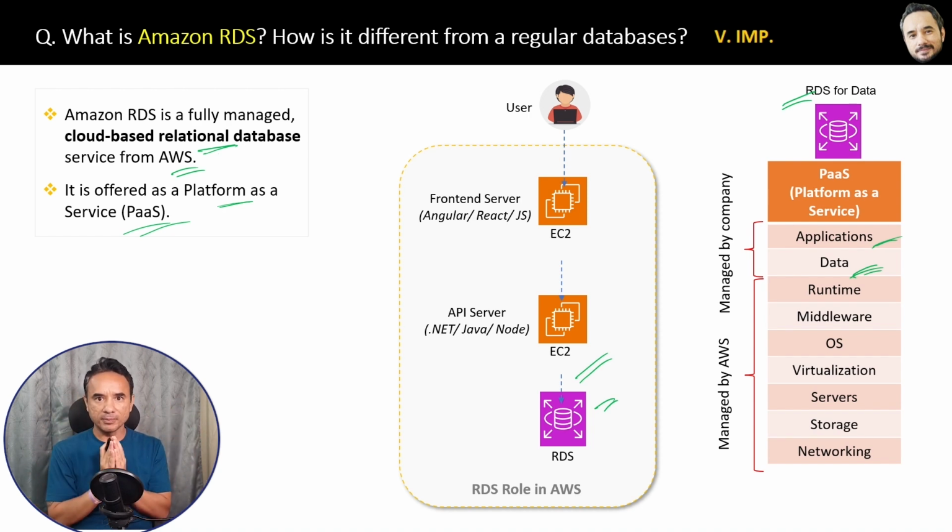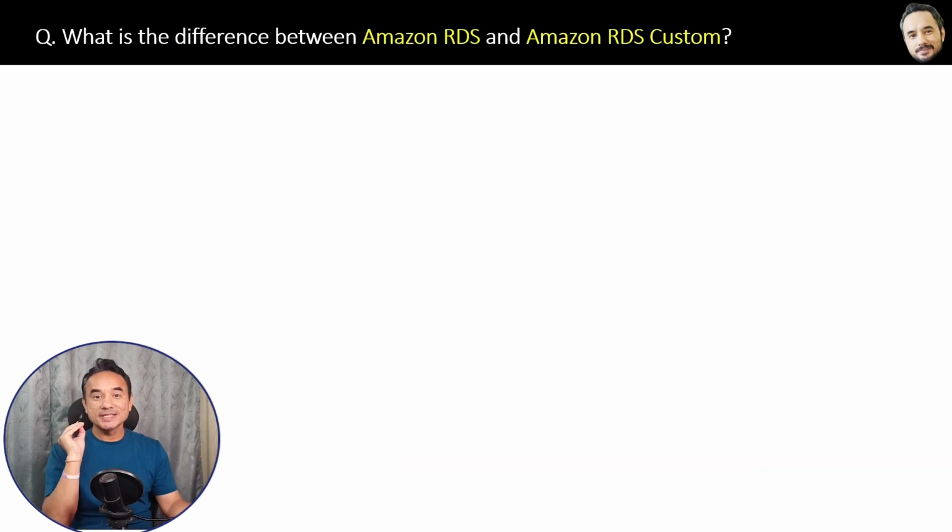You just have to choose the RDS service, okay? AWS will take care of managing the backups, patching, updates, everything AWS will do. That's the diagram and that's the definition, and this definition and diagram will help you in the revision for your interviews from this book.